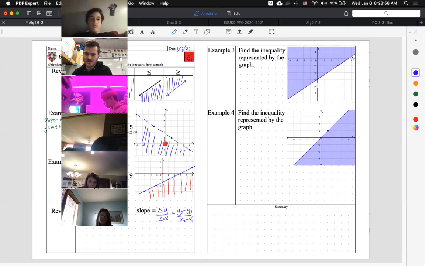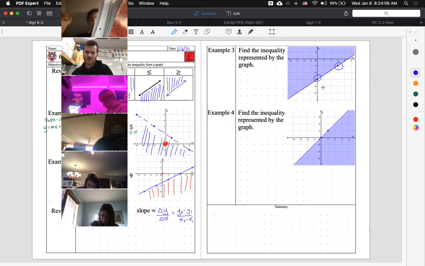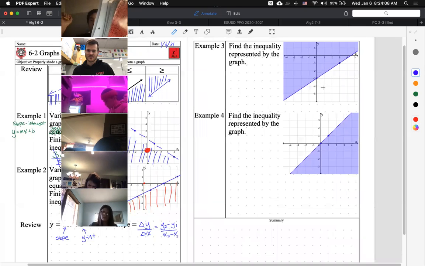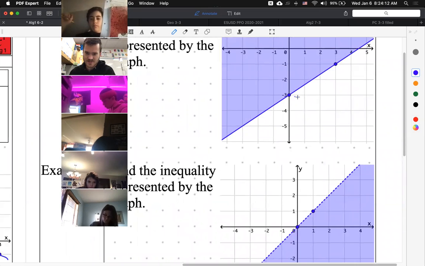So make sure this graph goes through this point, 0, -3, so it's on the y-axis, and this point over here, 3, -1. If you want to rush through the notes, I can label these points for you as well. This point is 0, -3, and this point up here is 3, -1.